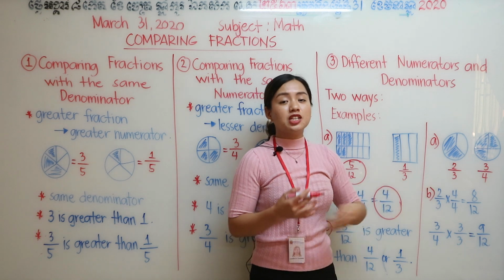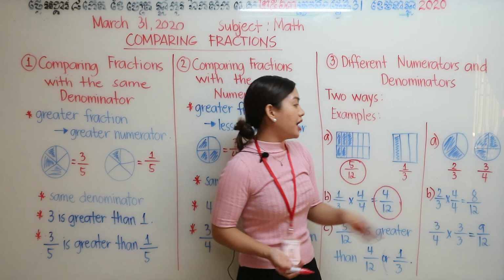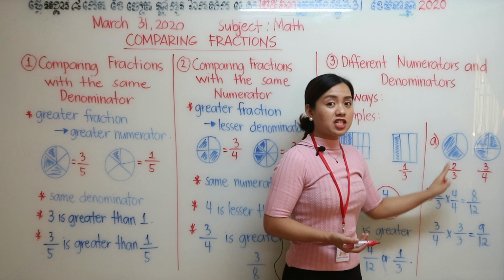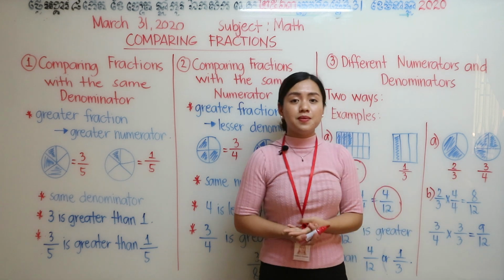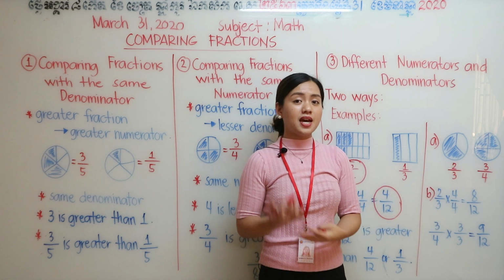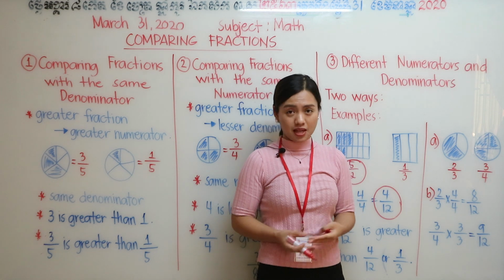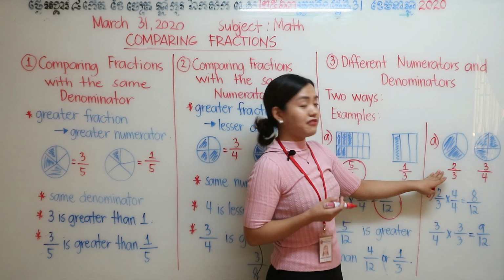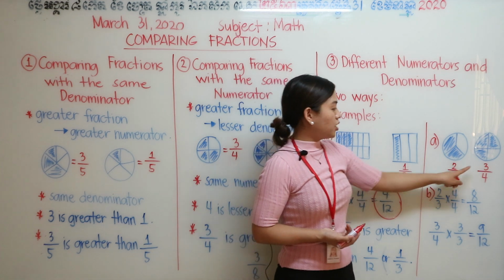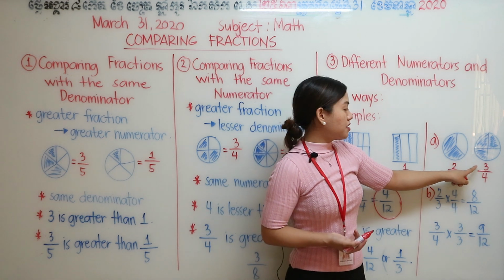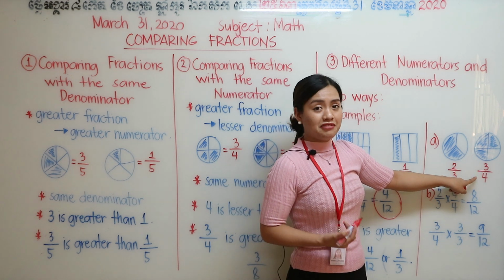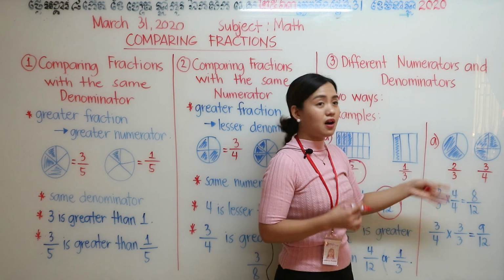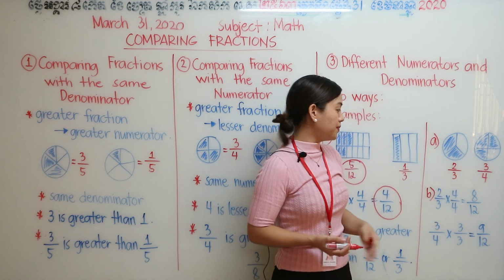Okay? Now, another way will be this one. We can actually multiply both fractions by different numbers in order for us to get the same denominator. So, for example, we have here 2/3, and we also have here 3/4. So, these are small numbers, right?